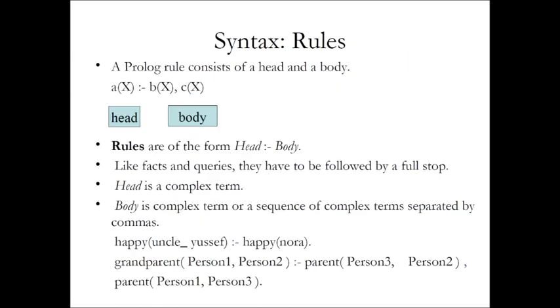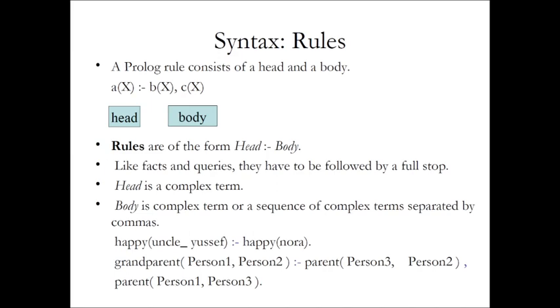Here are the syntax rules. A Prolog rule consists of a head and a body, like A(X) :- B(X), C(X). Here A(X) is the head, and the remaining terms are the body. So rules are of the form head if body.